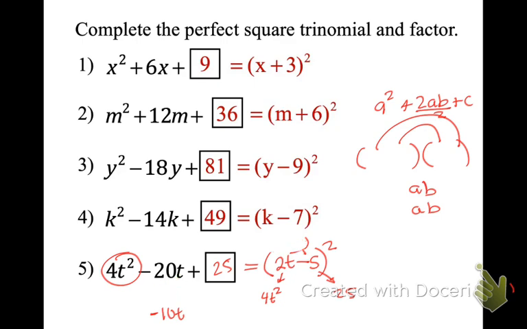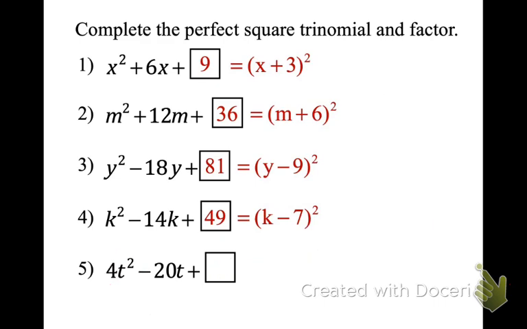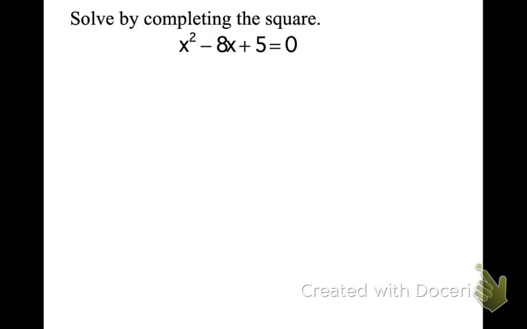So it's 2t, the root of 4t squared, and then to get half of negative 20t, I would have to have a negative 5 there, and it has to be squared. Okay? This isn't a game breaker. If you don't get that one, we can still keep going. It's just how to deal with the lead coefficients.